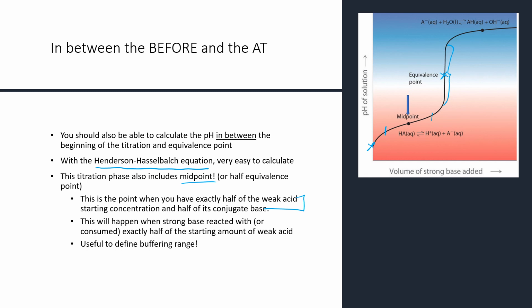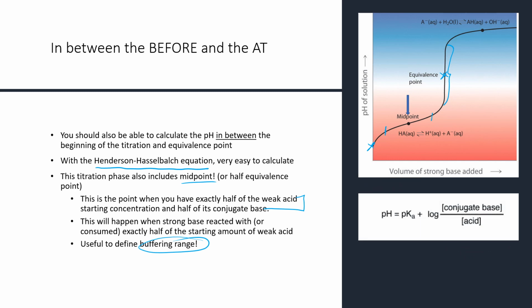It is used to define this buffering range, as noted. As a reminder, this is what the Henderson-Hasselbalch equation is. We can set pH equal to pKa, that is the negative log of the acid dissociation constant, and then we add to that number the log of the conjugate base concentration over the conjugate acid concentration. So this sets us up to continue on to the actual calculation itself.